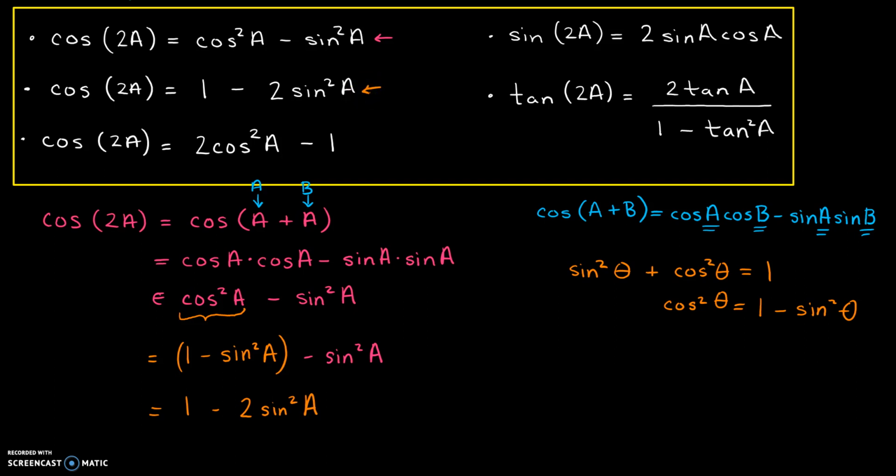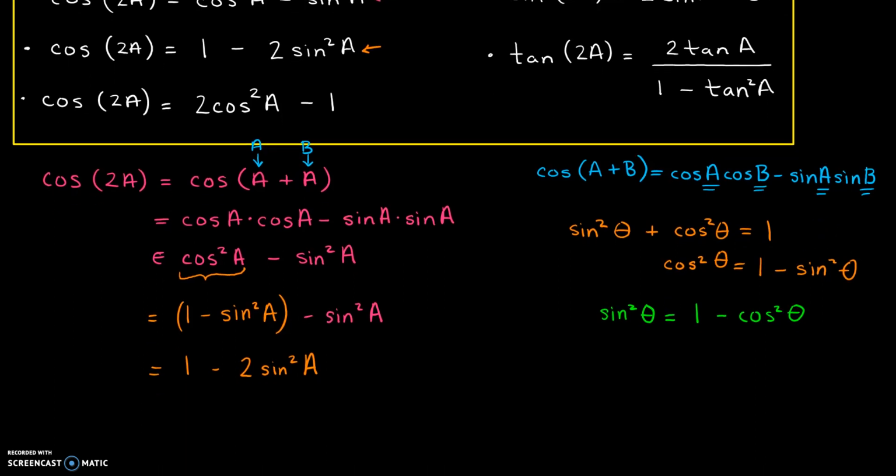We can play the same game and do the exact same thing. What if I solve for sine squared instead? So sine squared of theta is equal to 1 minus cosine squared of theta, which just comes from getting this cosine squared and moving it to the other side.